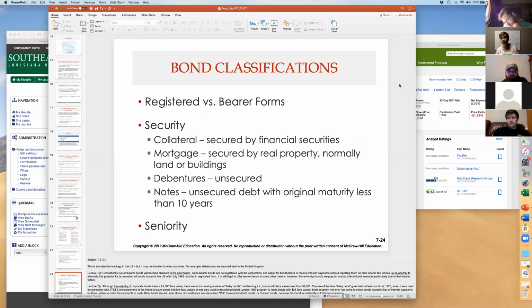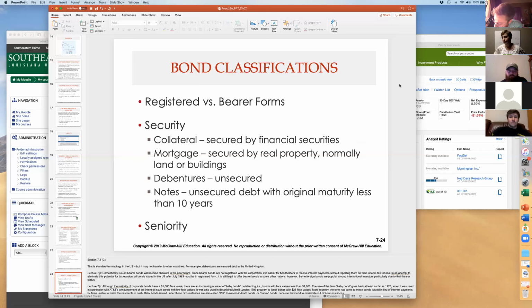A mortgage security is where the bond is secured by real property, land, building, something of that sort. And then you hear this term debenture, and debenture means it's unsecured. There is no security. They are also typically junior to all of those bonds that do have security.